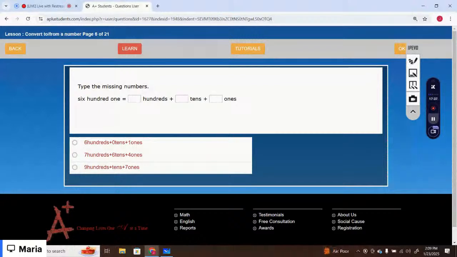Option number 1 is the correct option. 600, 0 tens, and 1 one. 1 is the correct option.